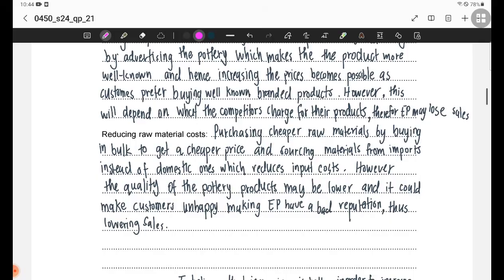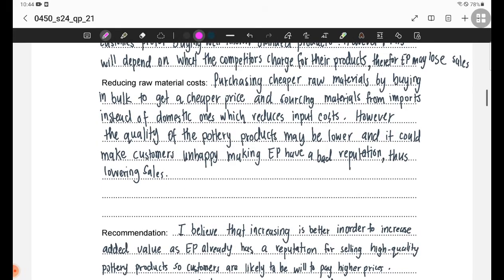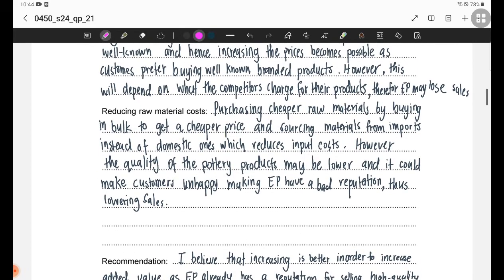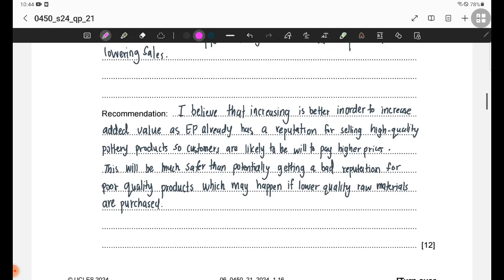So therefore you'll have more applications, and also it just makes sense. I mean, why would you play with your reputation when you're already making high quality products?